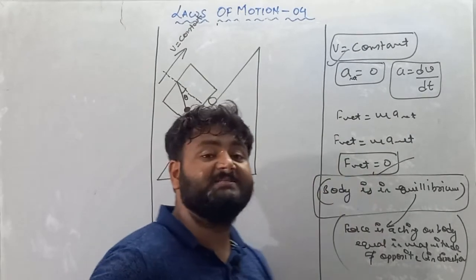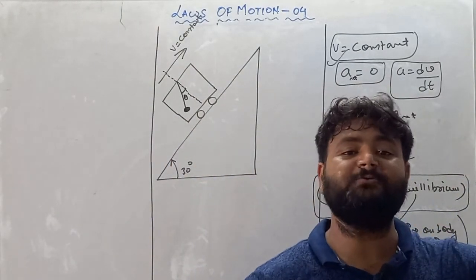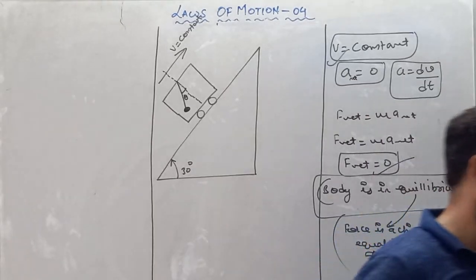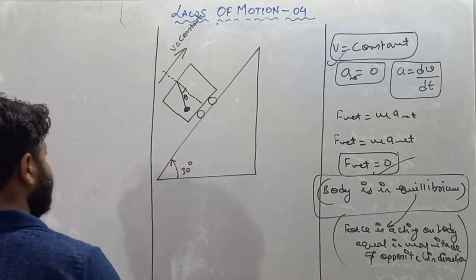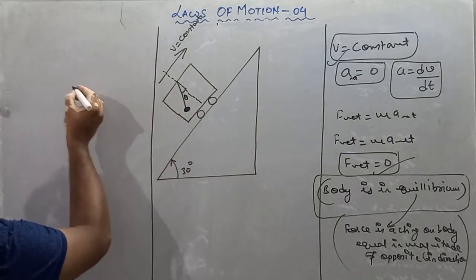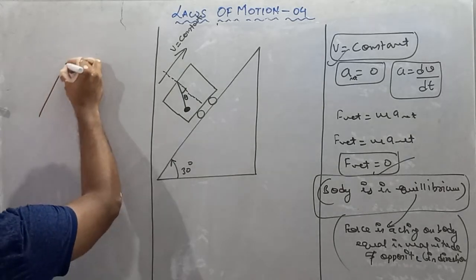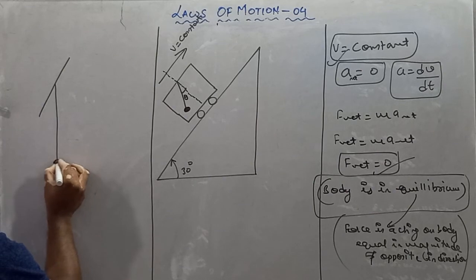F net is 0 means forces are acting on body but equal in magnitude and opposite in direction. So let's make this question. See, we have to make the FBD. This is sort of like this. There is a mass.